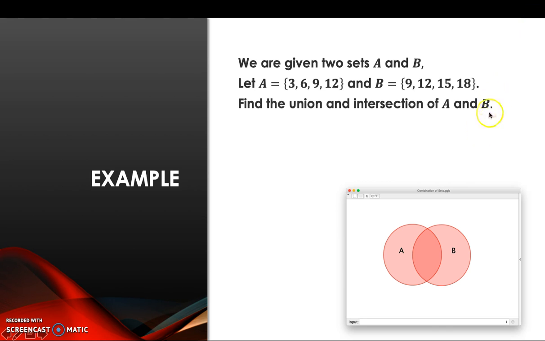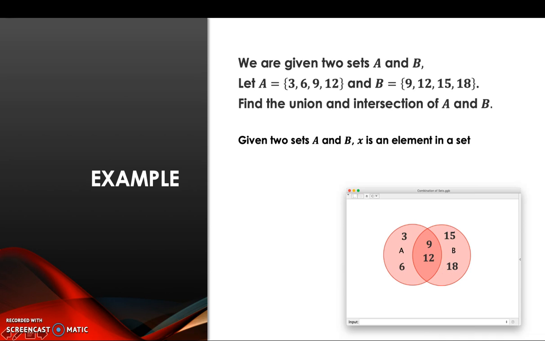It's best to plot what they have in common first. What they have in common is 9 and 12, which is the intersection. What they do not have in common will be outside of the intersection. The elements of A that have nothing in common with B are 3 and 6, and the elements of B that have nothing in common with A are 15 and 18.